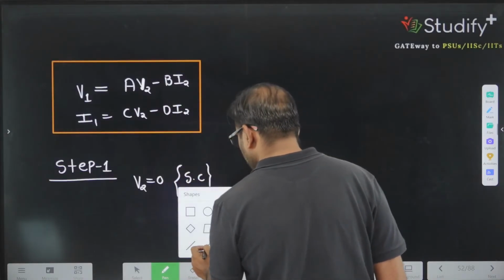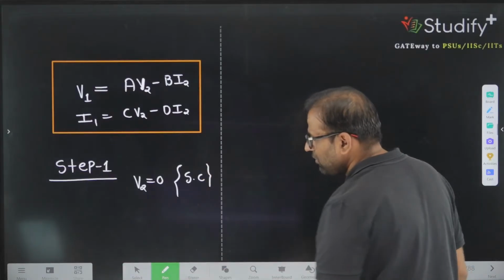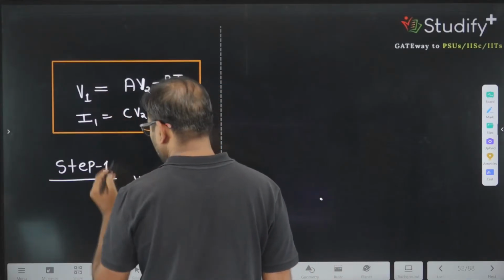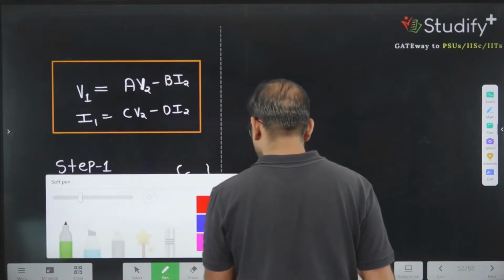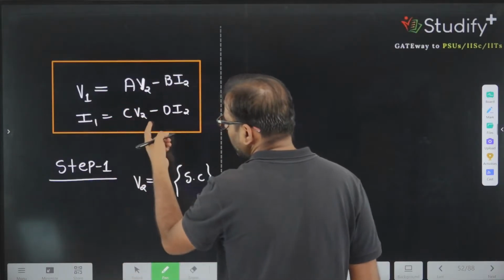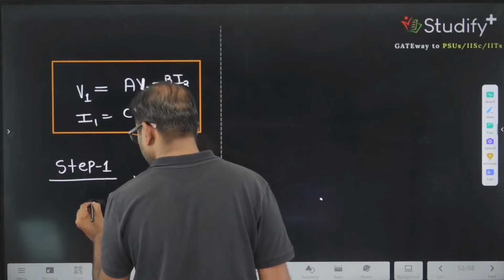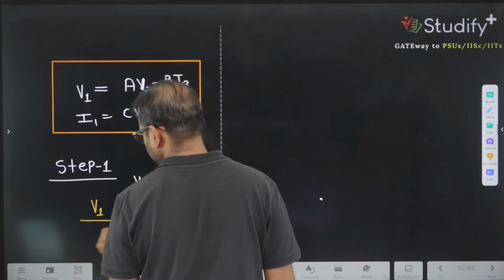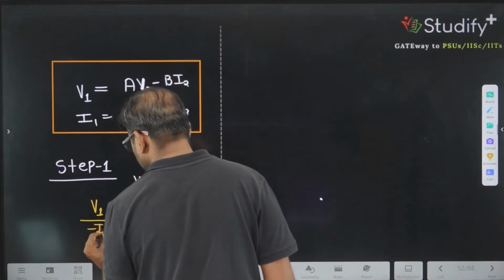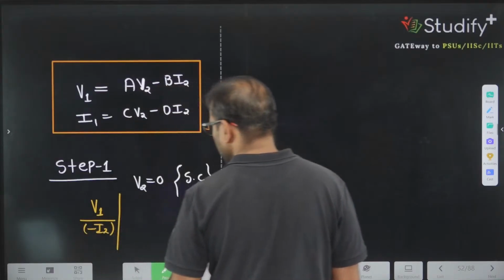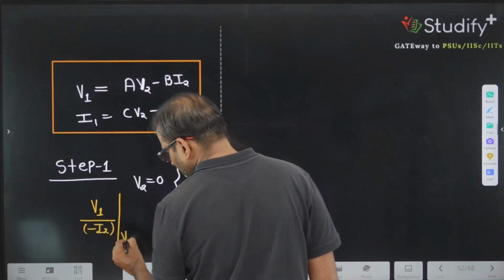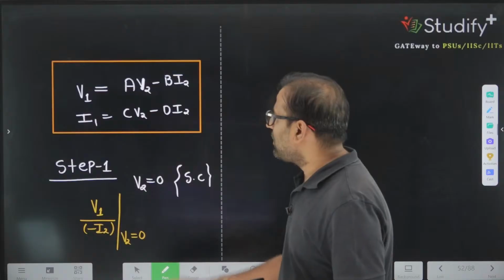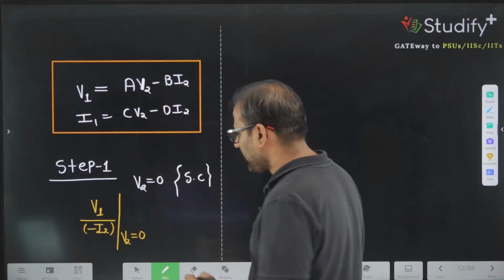By making V2 equal to 0, you are having the ratio of V1 divided by minus I2. This is by making V2 equal to 0, and this parameter is known as the B parameter.